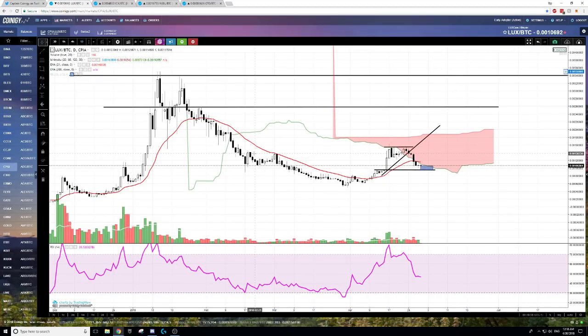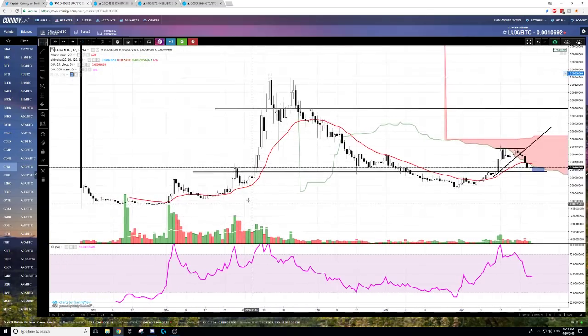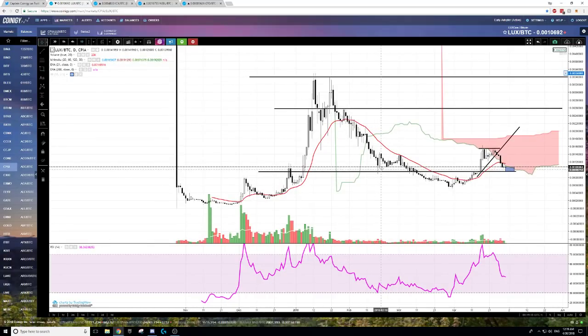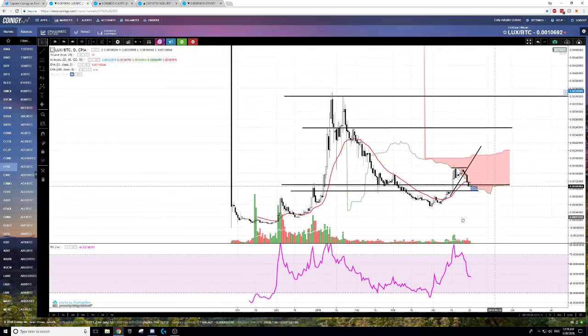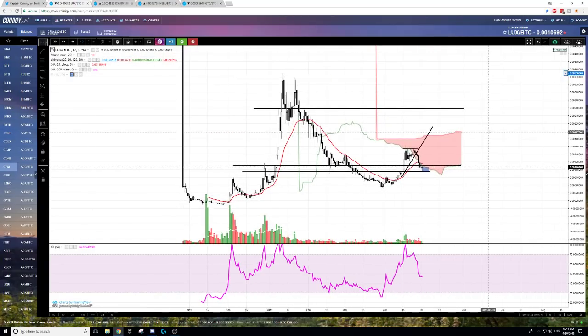Yeah, if you extend this all the way over, it agrees with this right here. I don't know so much about that. It looks like there's something else going on here as well, as far as support and resistance goes.